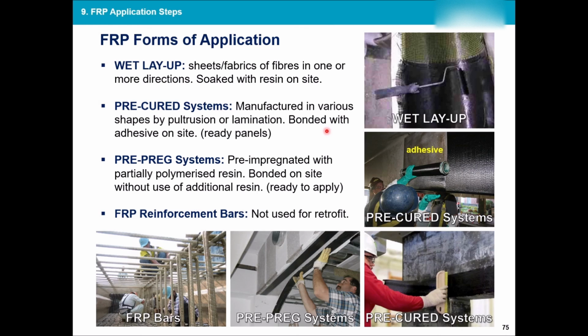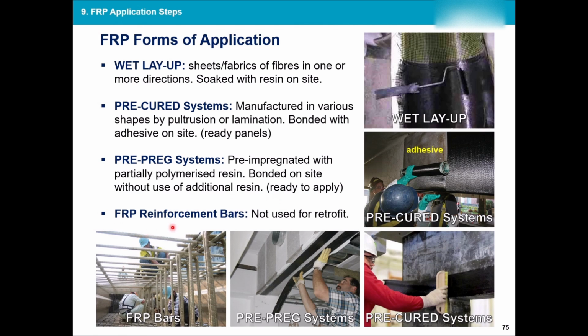You just bring them on site and glue them with adhesives to your member. So it's a little bit one step ahead. The pre-preg system is when not only the fibers and the matrices are mixed and ready, the factory has also provided some resin and adhesives on one side of the FRP. So you just have to remove the covering and stick it to your member. This pre-preg system is, let's say, the best one, ready to apply and the easiest one.